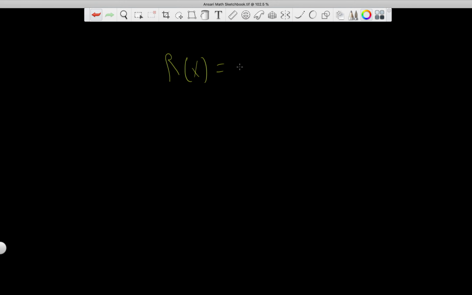So let's say this has something like 3x squared plus 704x minus 950. So x is how much we produce of a certain good or service, and R of x, the output, gives us our revenue. So we can actually do something called the derivative to figure out the optimal amount of production.